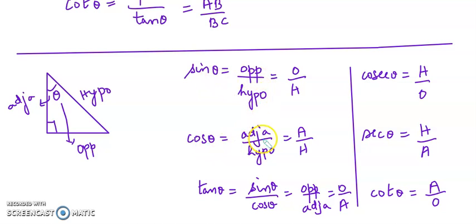Cos theta is adjacent upon hypotenuse. Tan theta is sin theta upon cos theta, which is opposite upon adjacent. Cosec theta is hypotenuse upon opposite. Sec theta is hypotenuse upon adjacent. Cot theta is adjacent upon opposite. These ratios are common for both the acute angles. The adjacent and the opposite shift based on the acute angle that we are selecting.